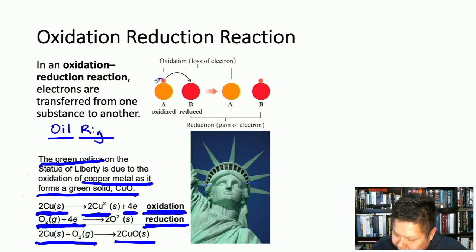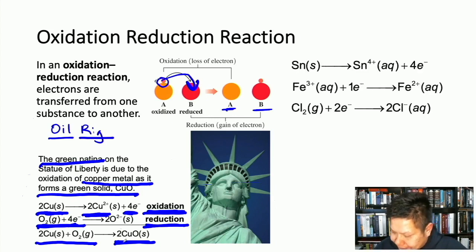The electrons go from one reactant to the other reactant, right? And then you have an oxidized product and a reduced product, right? In the case of copper, it became copper oxide, right? So let's do a couple more examples here.